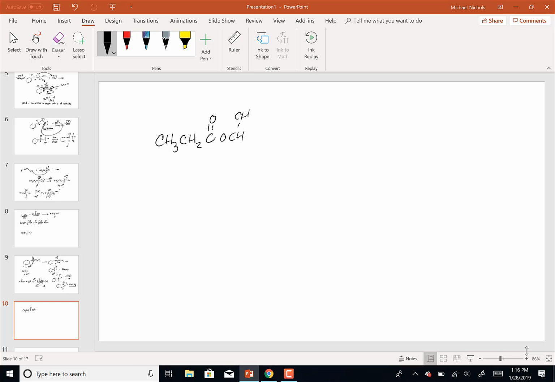So we now have two ways to do this problem. We could write the mechanism out, or we could remember how to split up the molecule.